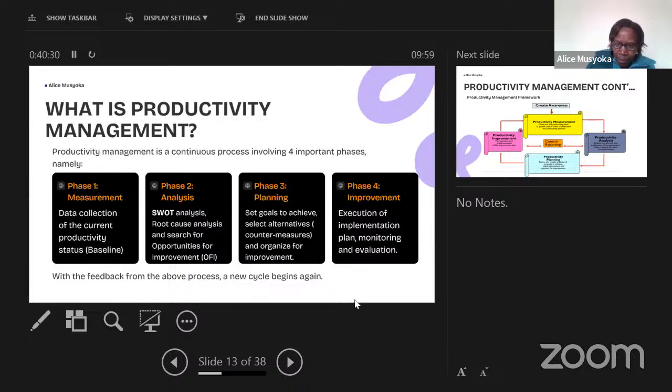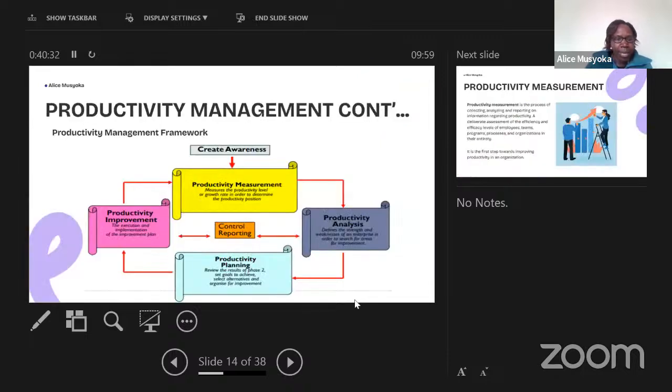So we move to this demonstration, and it is a framework. The framework for productivity measurement or management is highlighted here, and it is what we've already seen. First of all, we create awareness in the organization, because it is hard to talk about productivity measurement or management if you have not created awareness.